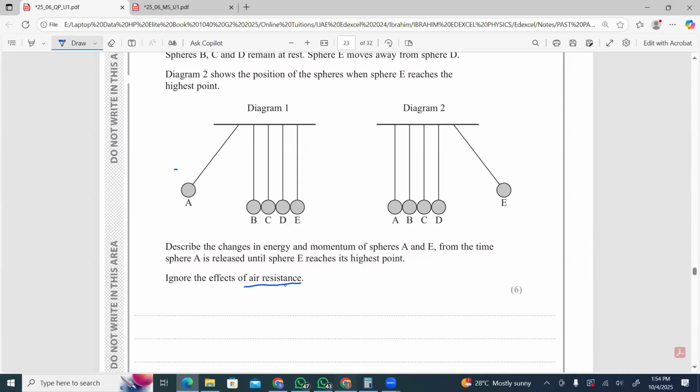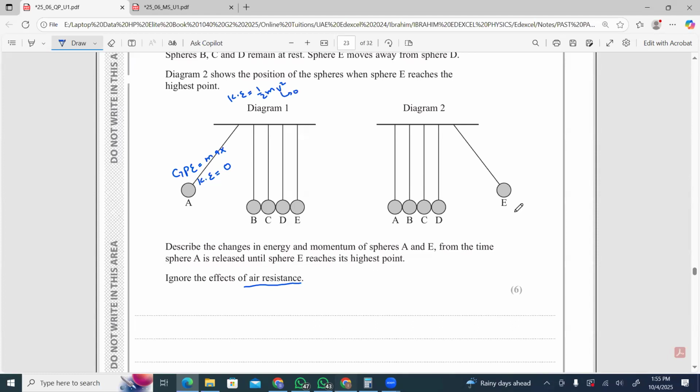Initially, at this point, you are at the highest point, so your gravitational potential energy is max, and you are not moving. I mean, the bulb is not moving, so kinetic energy is zero because kinetic energy is half mv square, and since v is zero, when you put zero, the kinetic energy is zero itself. Okay, so therefore you say the kinetic energy is zero as well.